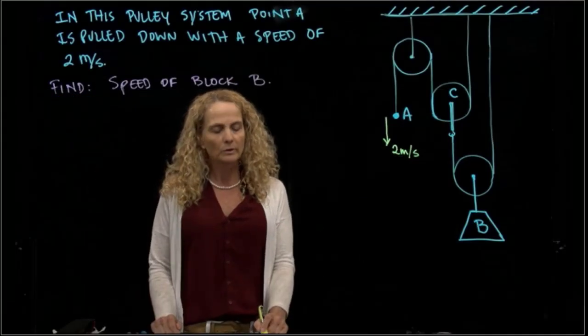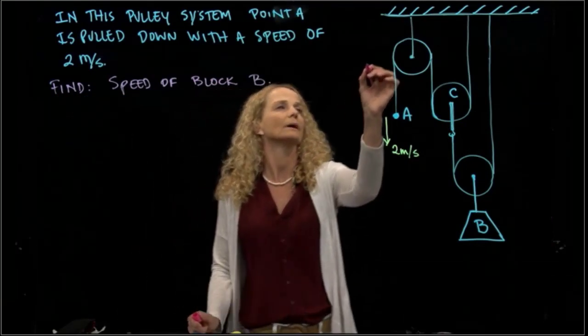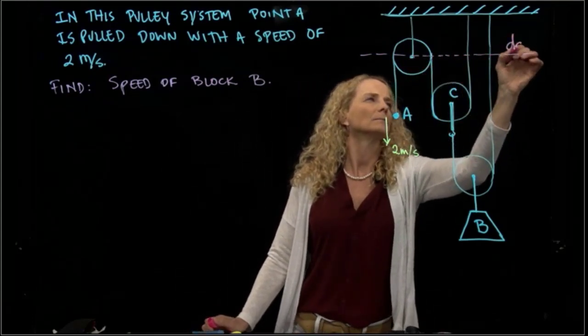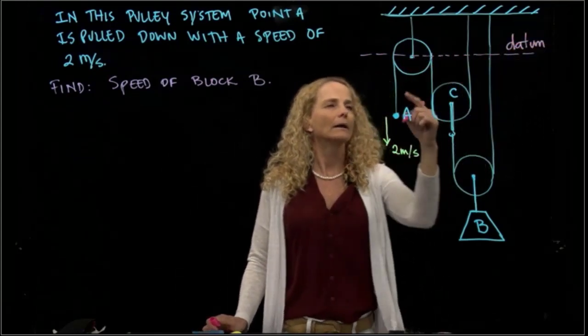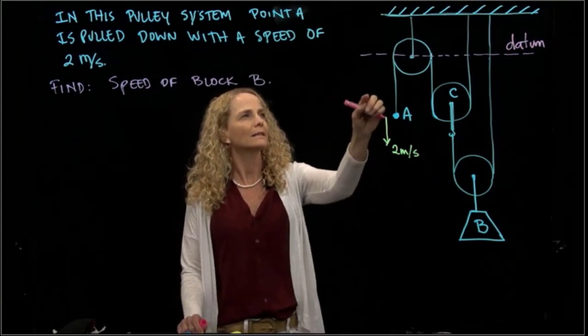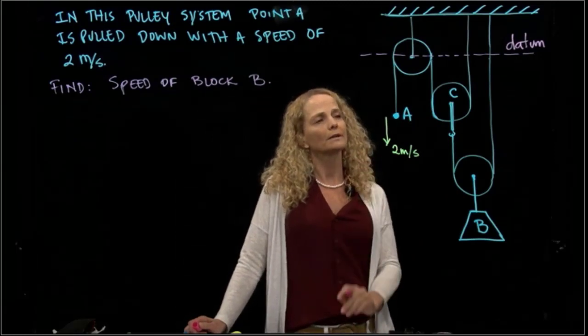As usual, we will do a datum line reference. So I'm going to put my reference right here. This is my datum. And I am going to name the different lengths from that datum. Here we see that we have 2 different cables.